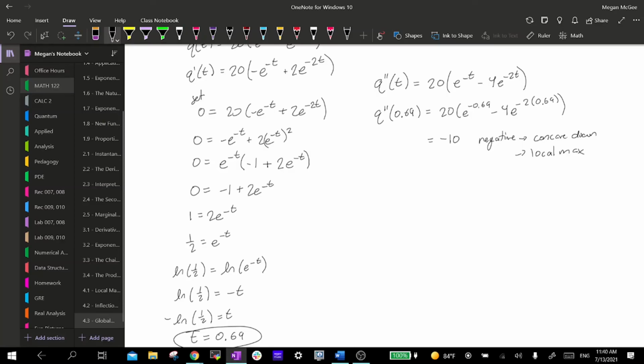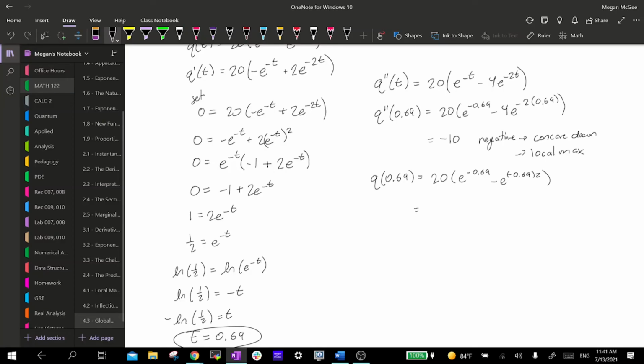So we need to evaluate the original function q at the time where we know a maximum occurs. So this will be 20 times e to the negative 0.69 minus e to the negative 0.69 times 2.